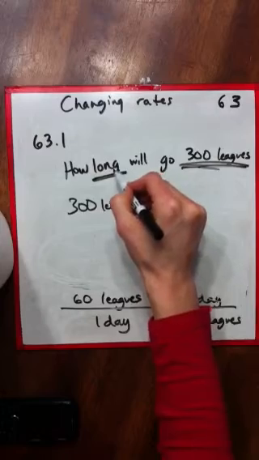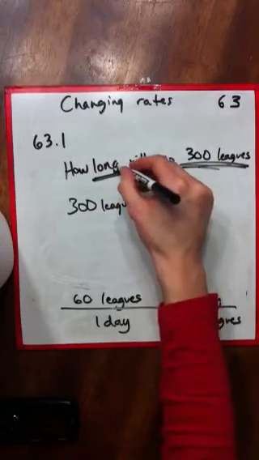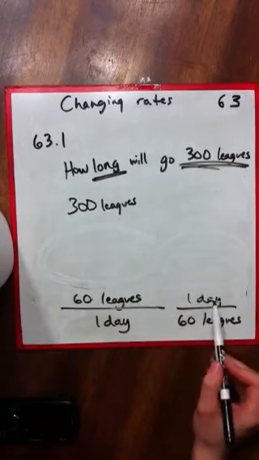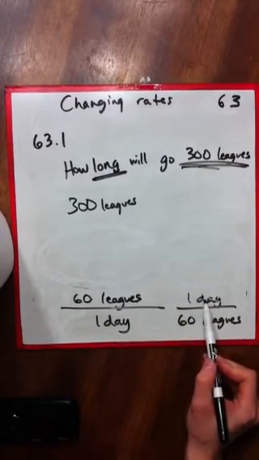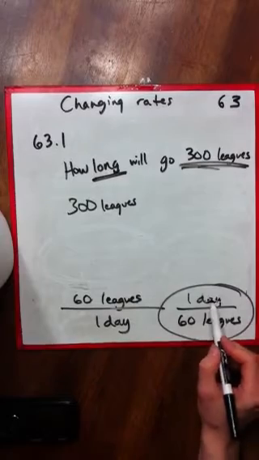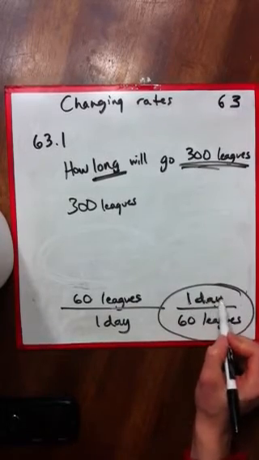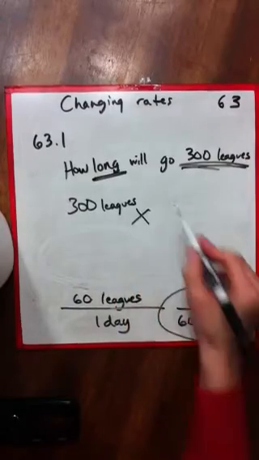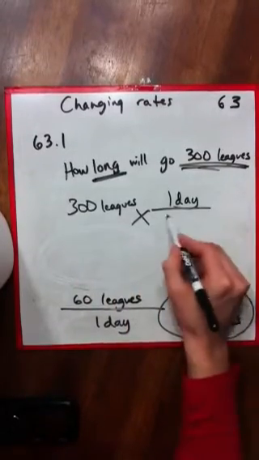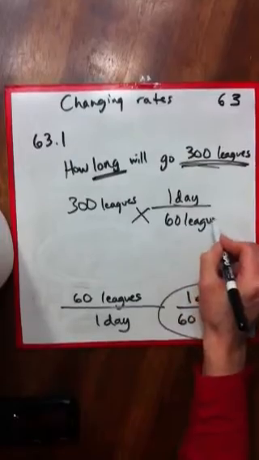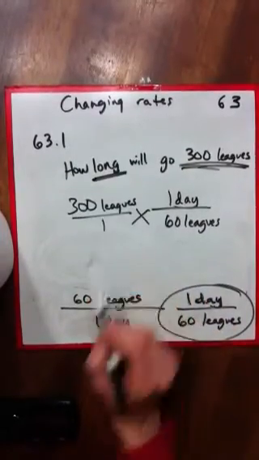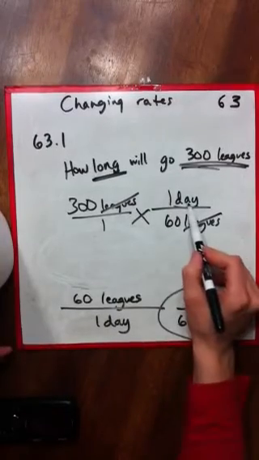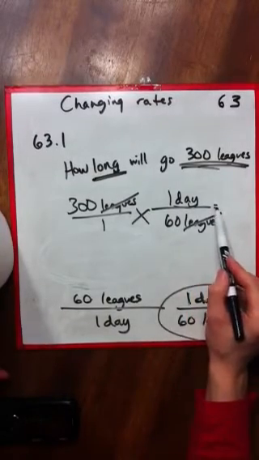If you remember me telling you, when you're asking about how long, I'm trying to find the one that talks about how long. Which one here talks about how long? This one does. The one on top, the 1 day, is the one I want to answer the question. So 300 leagues times 1 day over 60 leagues. This causes the leagues to cancel, and now we are answering the question, how many days?